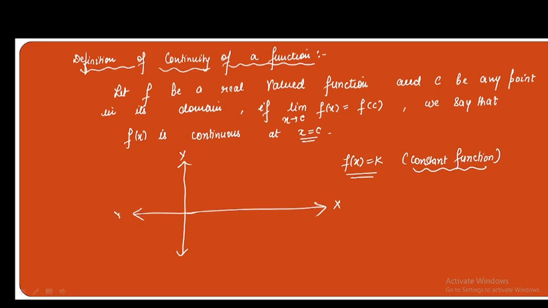Now let's plot it. f(x) means y, so y is equal to k, or you can say f(x) is equal to k. It is a constant function. Now let's take any point C.